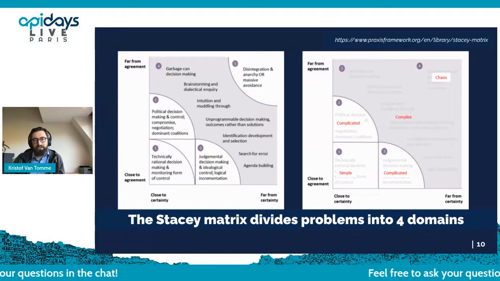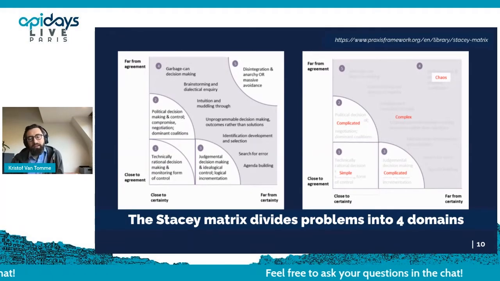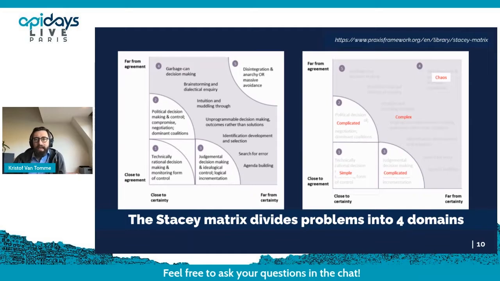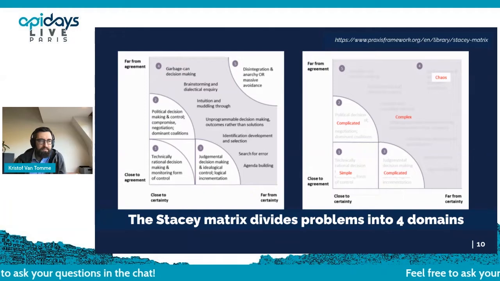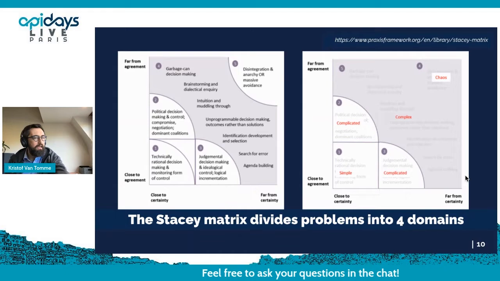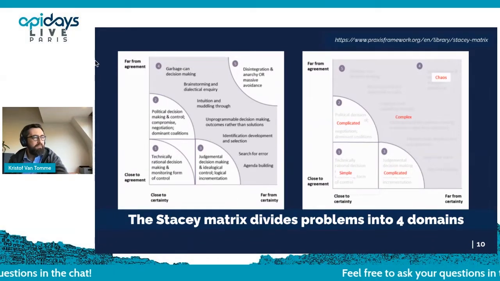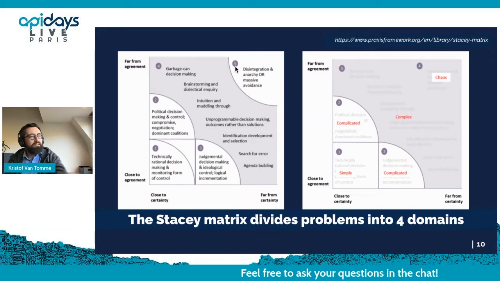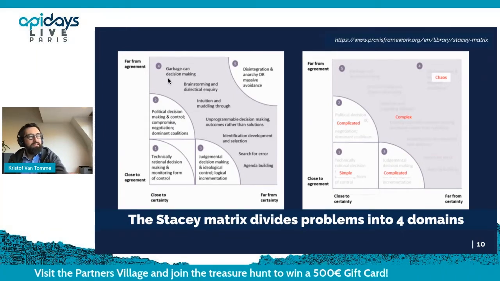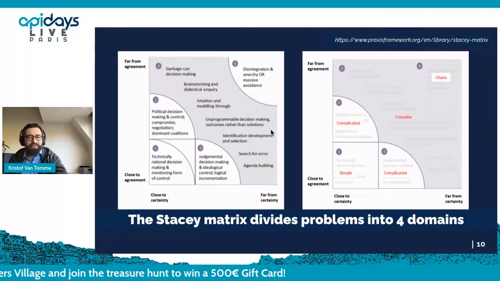As you can see, it's a little bit like a phase diagram that you might know from physics, where there are four phases: the simple domain, the complicated domain, the complex domain, and the chaotic domain. The complex domain is this broad area where interesting stuff happens. It's not the chaotic space where it becomes unpredictable, but it's exciting and interesting.